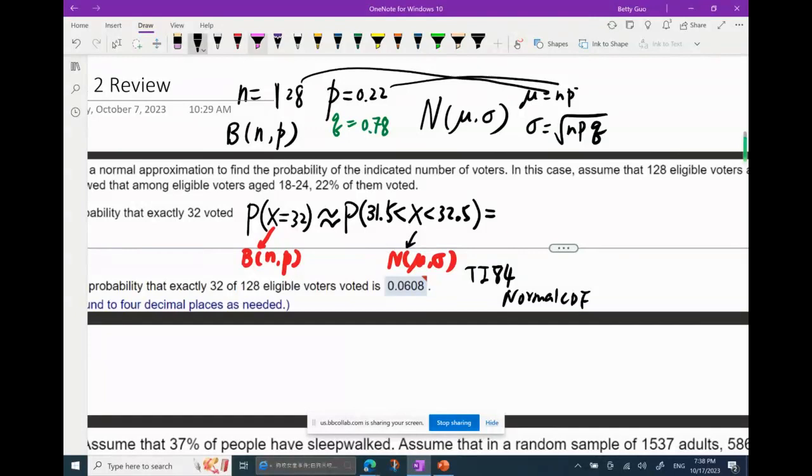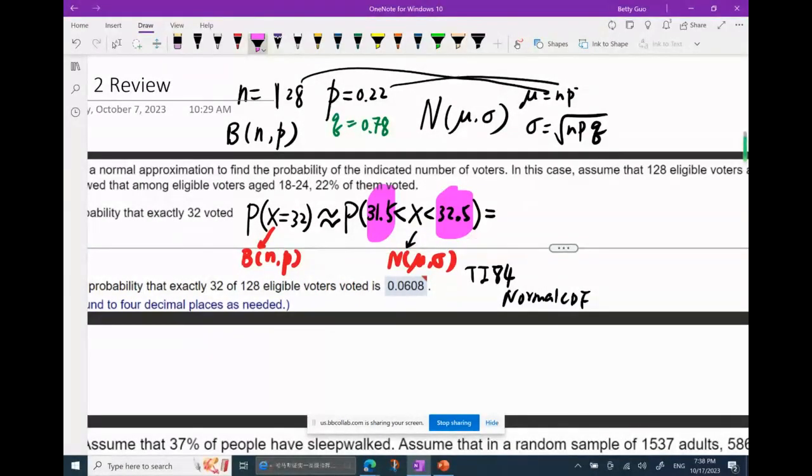The lower bound is 31.5, the left endpoint of the interval, and the upper bound is 32.5. For mu, I'm going to just type in 128 multiply by 0.22.